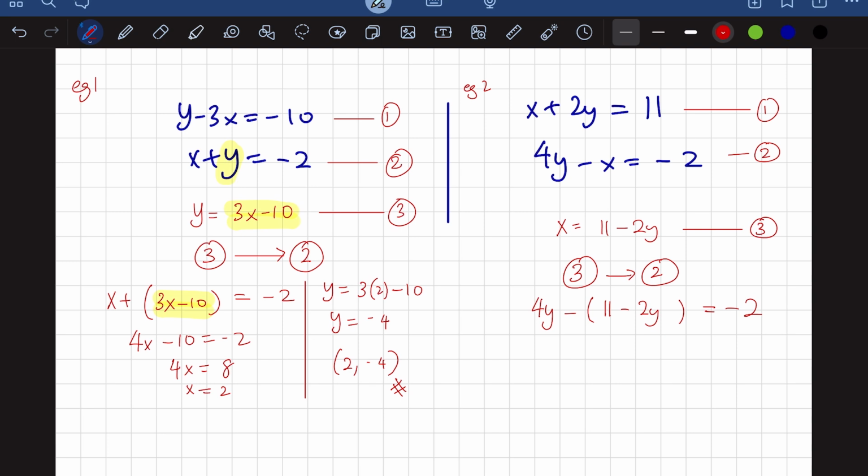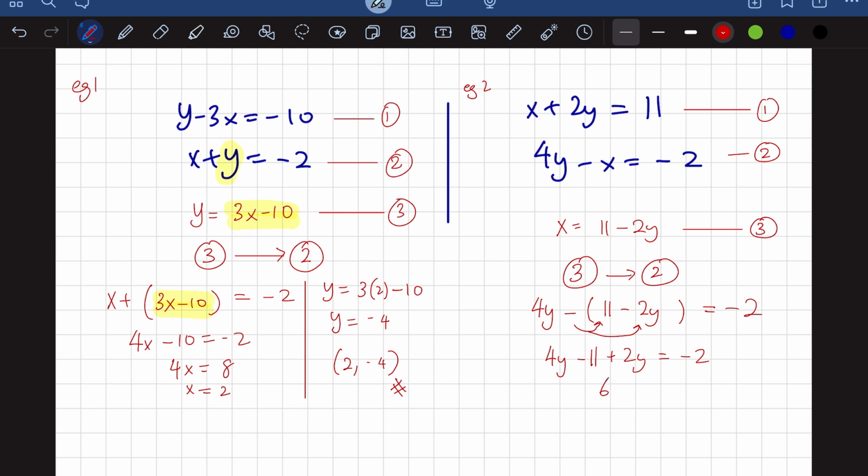So we're going to expand out the bracket. Make sure you do it carefully. The brackets are very useful to help you visualize the multiplication of the negative into the bracket itself. So 4y minus 11 plus 2y equals negative 2.